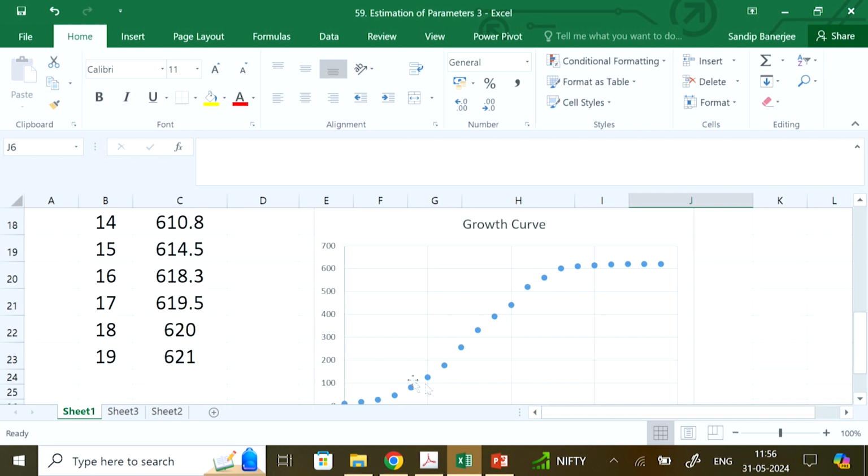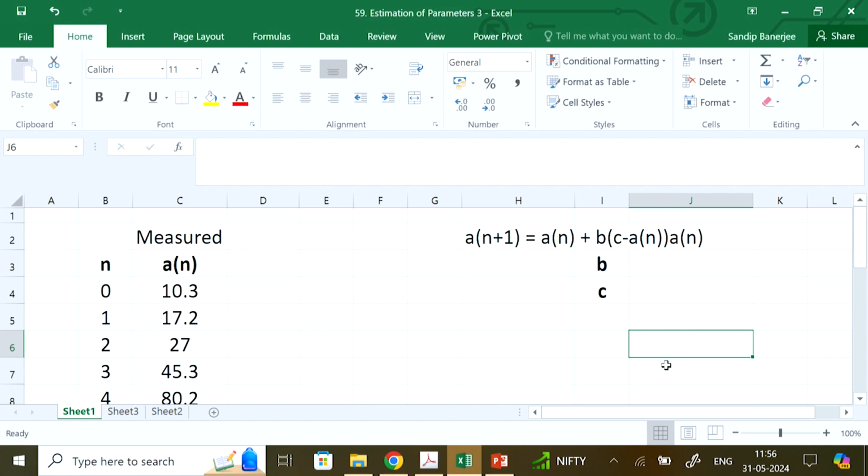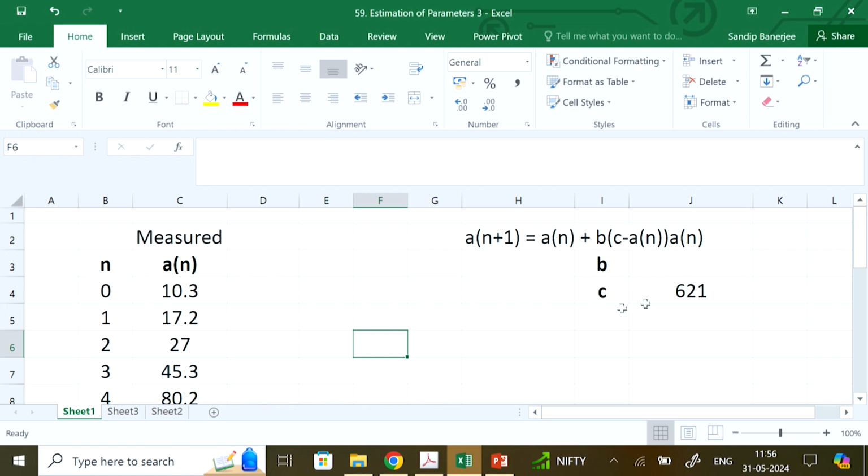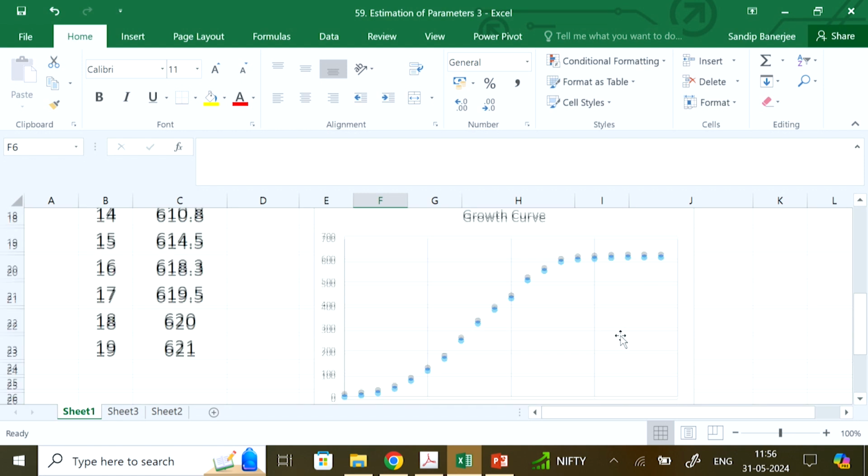Now, as I can see, this curve is going towards the value 600 and above, and here I can see it is 621. So, one way is that I can take this value directly to be 621, so that I know my carrying capacity from the graph.